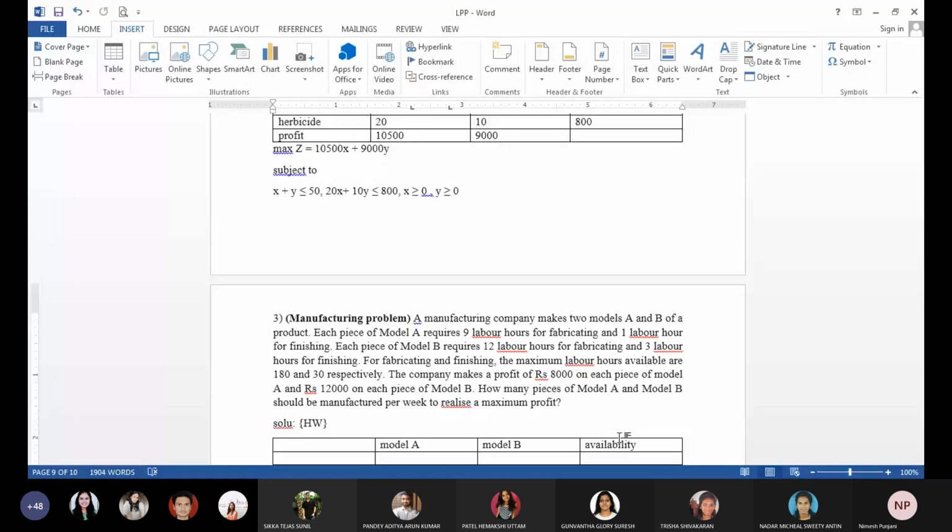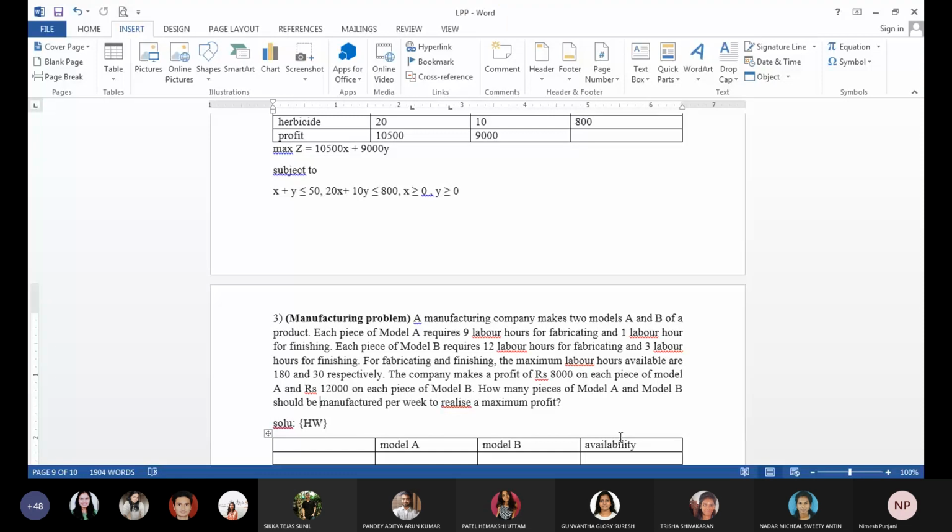Profit is given as 8,000 for model A per piece and 12,000 per piece for model B. How many pieces of model A and B should be manufactured per week to realize a maximum profit?